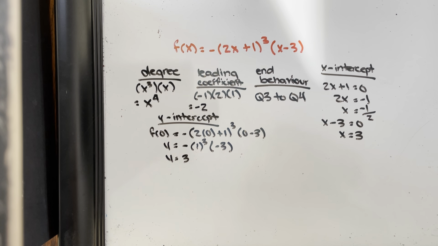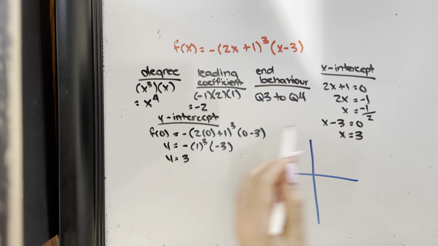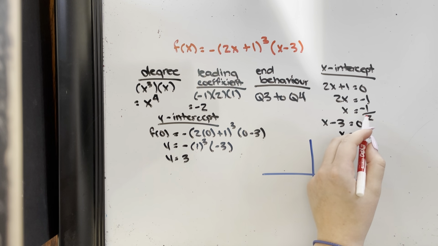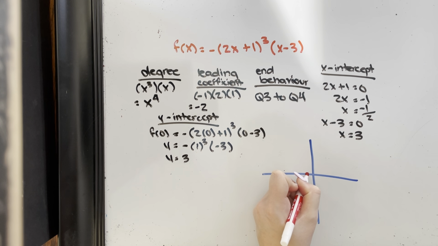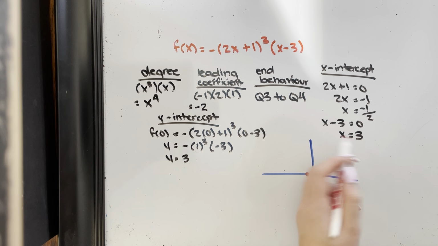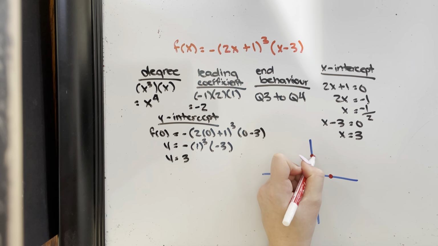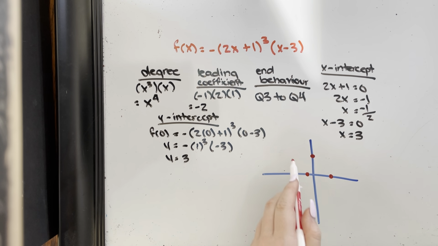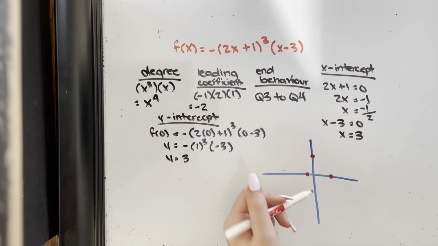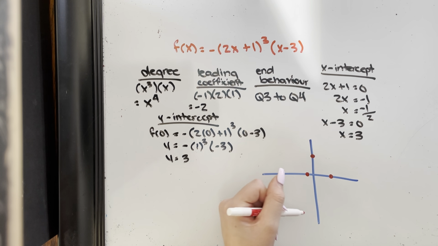So now we are going to graph. So first we're going to do the same thing as the last one and graph the x and y-intercepts. So we have one at -1/2, then one at 3, and then our y-intercept at 3 as well. So our first one has an order of 3, and it's going to start in quadrant number 3.